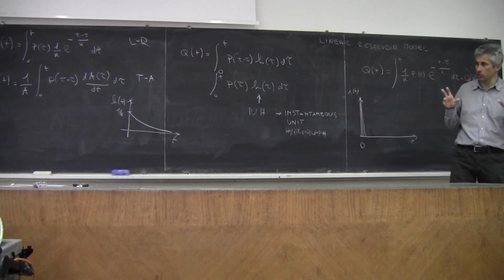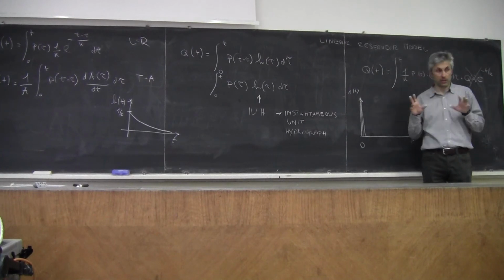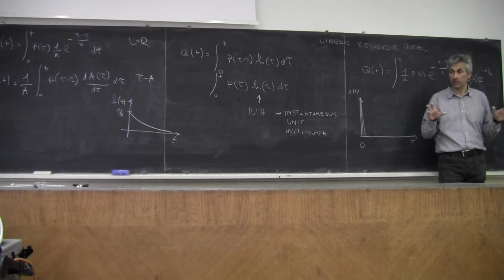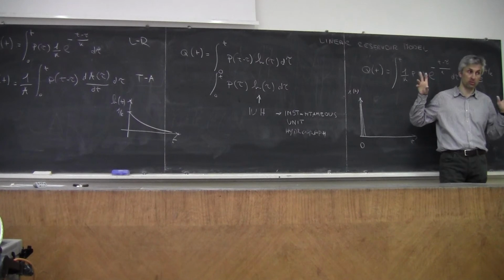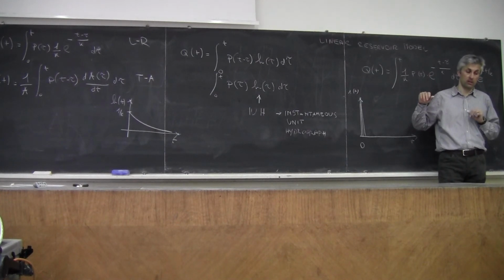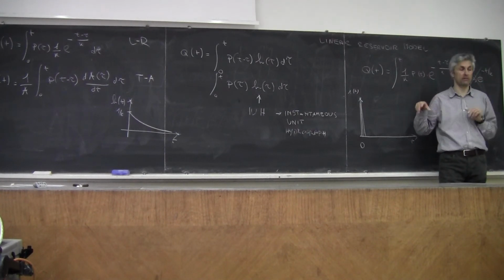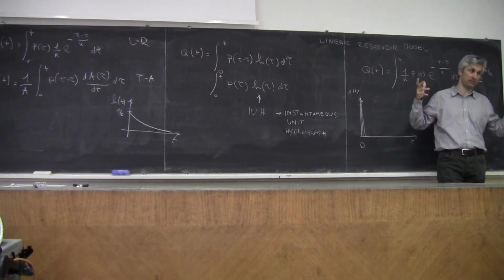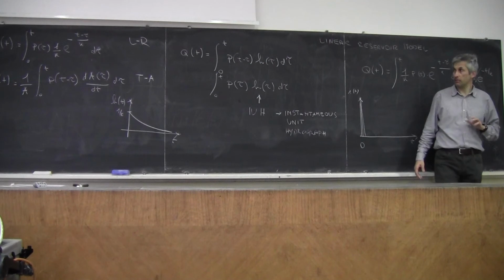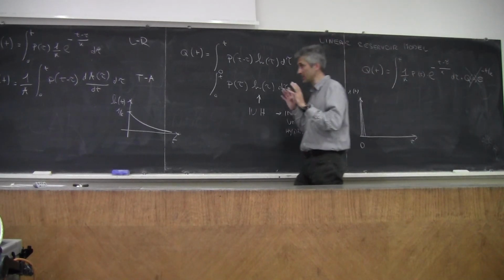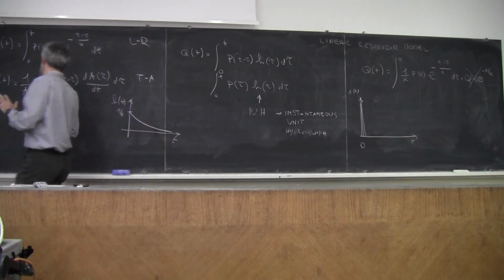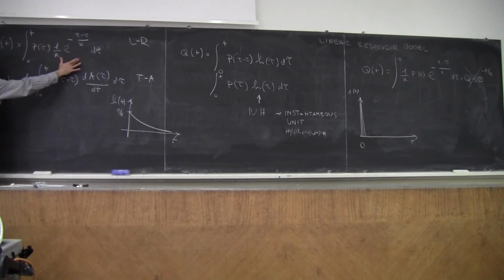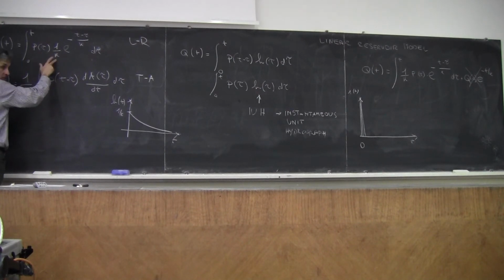I think that you clearly understood, also because I told you, that we have parameters in our models. Not all hydrological models have parameters, but the very great majority of them do. And the presence of a parameter is clear if you look at the linear reservoir model, where you have K. It's clear that K is a parameter.